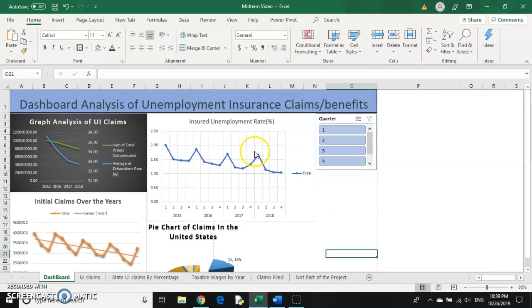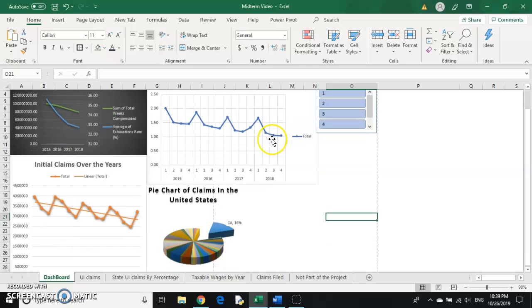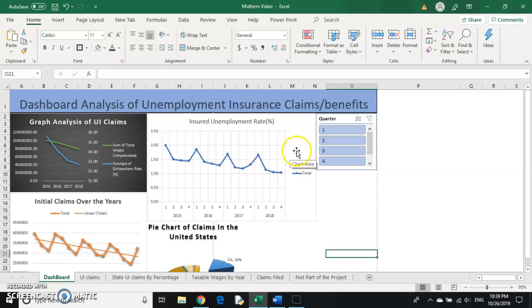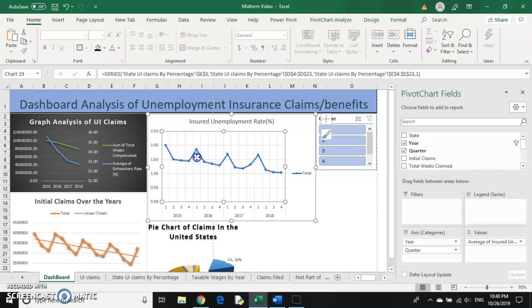For the third graph here, I have the insured unemployment rate by percentage. As you can see on the graph, it's very unusual, because the shape of the graph looks like a very spiky curve. The outliers are all the first quarters.